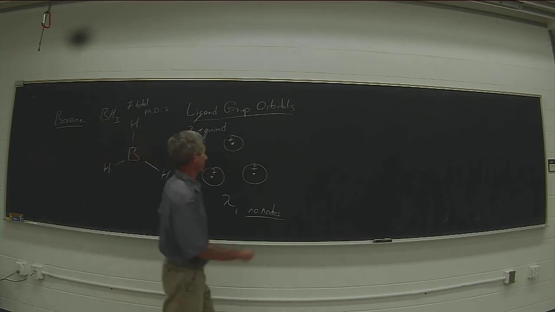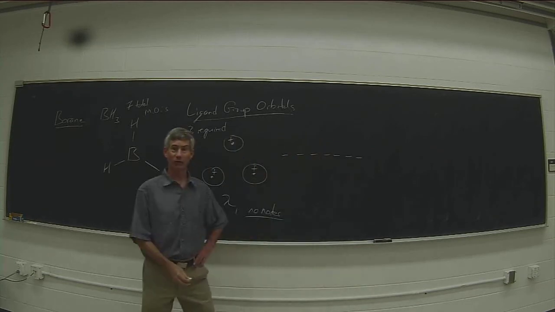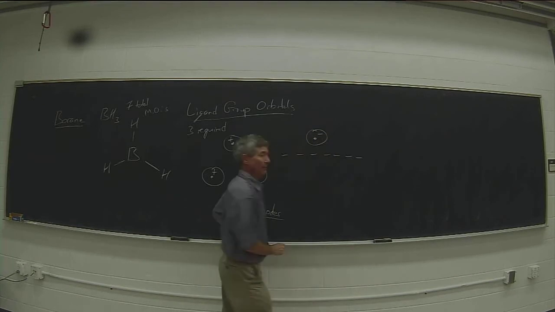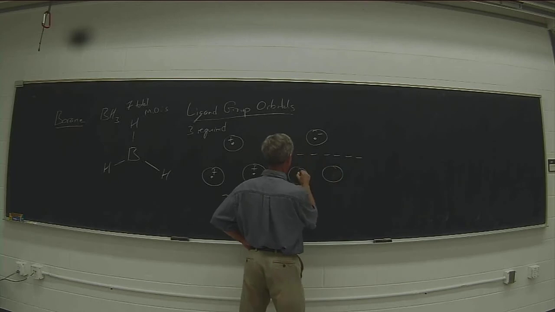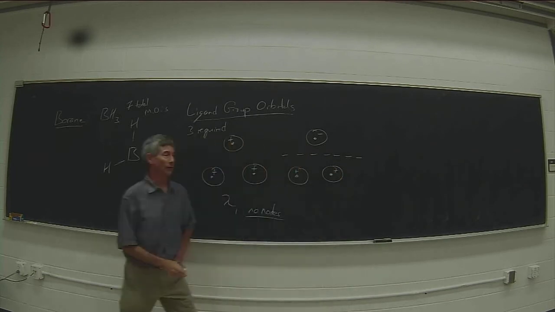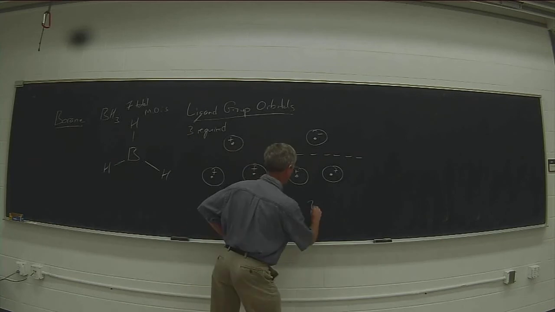One way we can cut it in half would be to cut it on the horizontal plane and have the top 1s orbital be out of phase with the 2 1s orbitals on the bottom. We'll call that lambda 2.